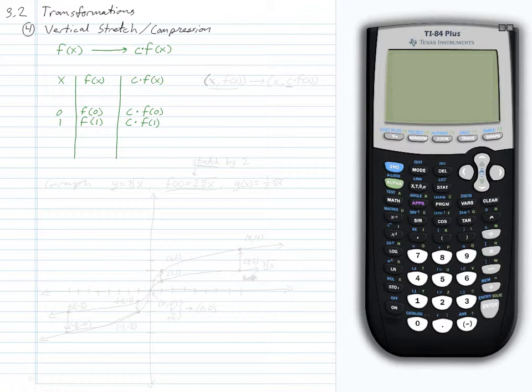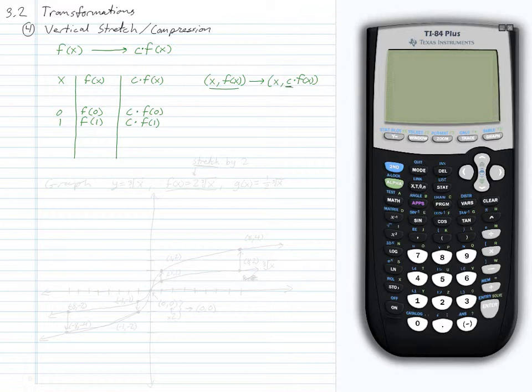So if the point x, f of x, lies on the graph of our original function, then the point x, c times f of x, is on the graph of our new function. So what's happening? We're scaling the y values of the original function by a factor of c.